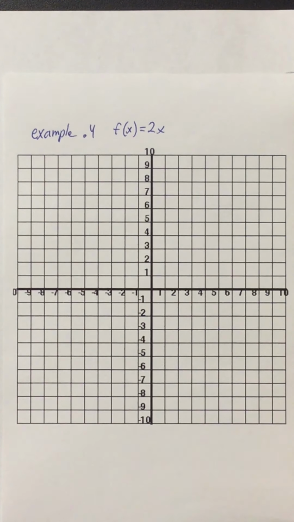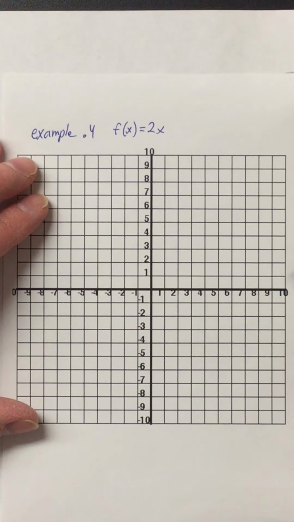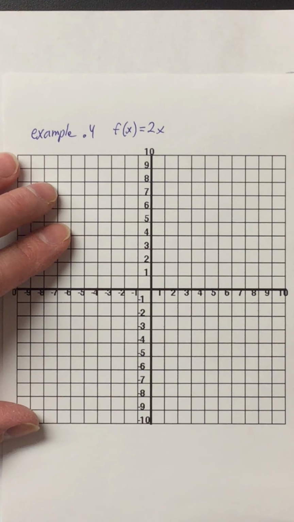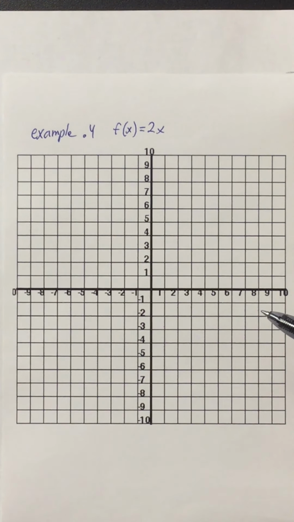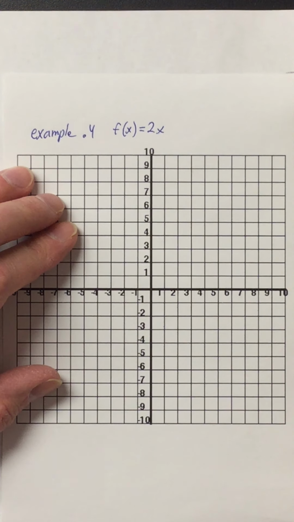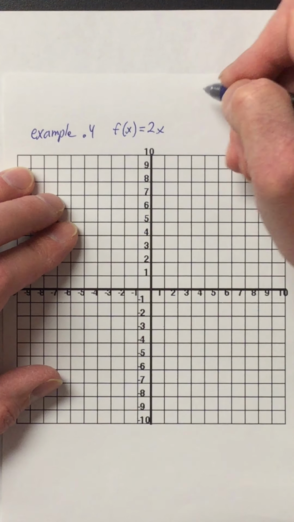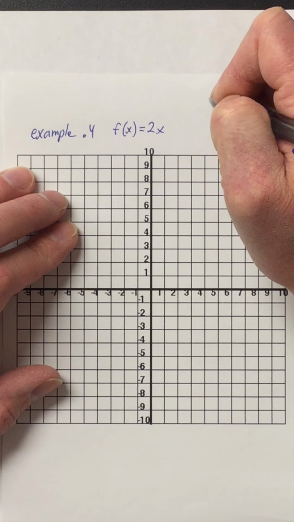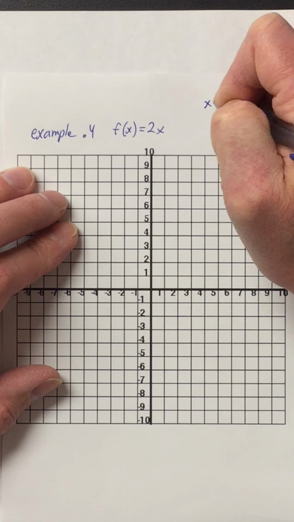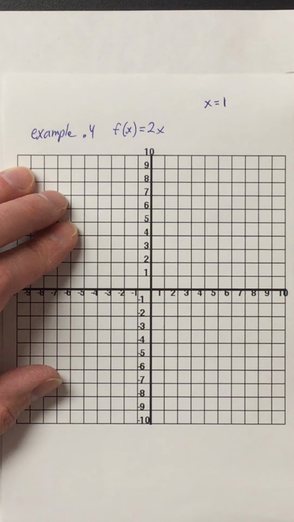Now, I wanted to work through this one a little bit just because this is looking differently, and we'll use the graph to demonstrate. But it asks us to find the domain and the range of this equation here. Now, once again, this is just a label, and for the x, we're going to pick a value for that. So let's just say x is equal to 1. All right.